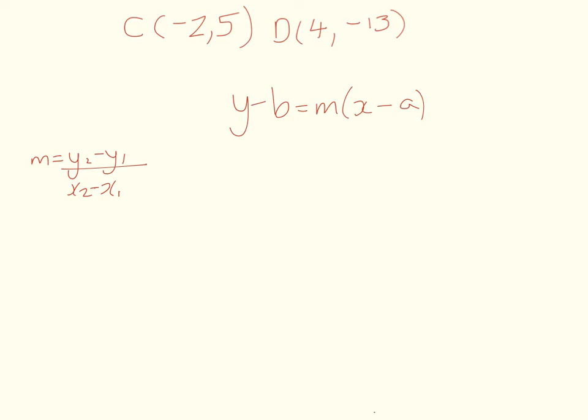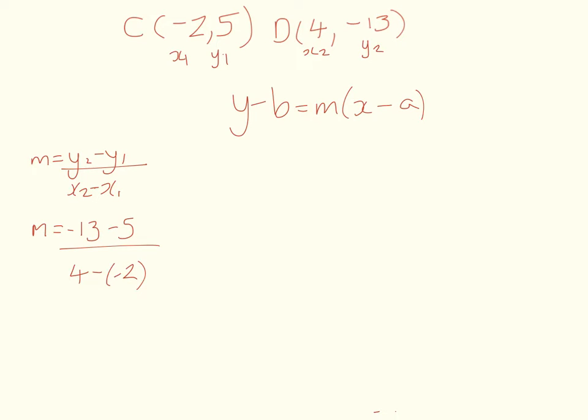So we're going to label our points: x1, y1, x2 and y2. So we're going to substitute these in. y2 is minus 13, take away 5, and then we've got 4, take away negative 2.